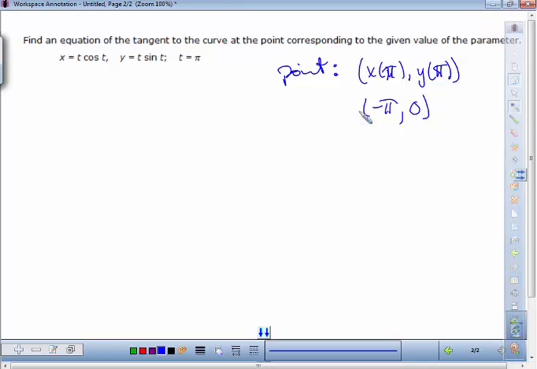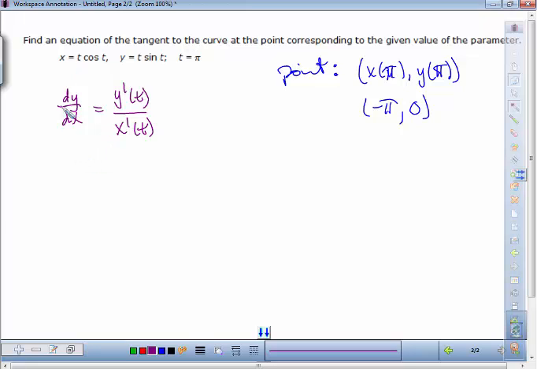We have a point, now we need a slope. And our slope is given by that formula again, so to find our slope, we need to find dy/dx, which is going to be dy/dt divided by dx/dt, which we have to find from this set of equations.